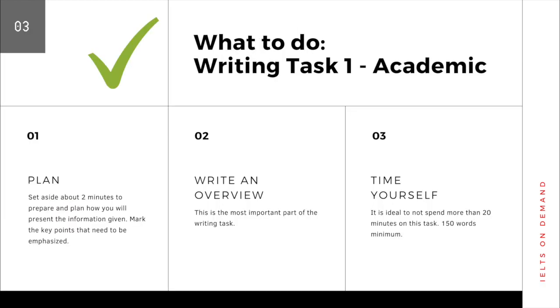Okay, what to do in Writing Task 1 Academic? So you have three things here. 1 is to plan, 2 is to write an overview, and 3 to time yourself. So when you're planning, you want to set aside about 2 minutes to prepare and plan about how your ideas will go.